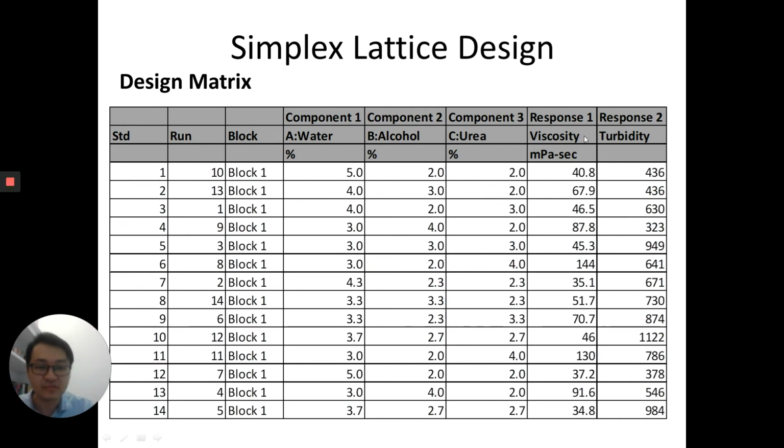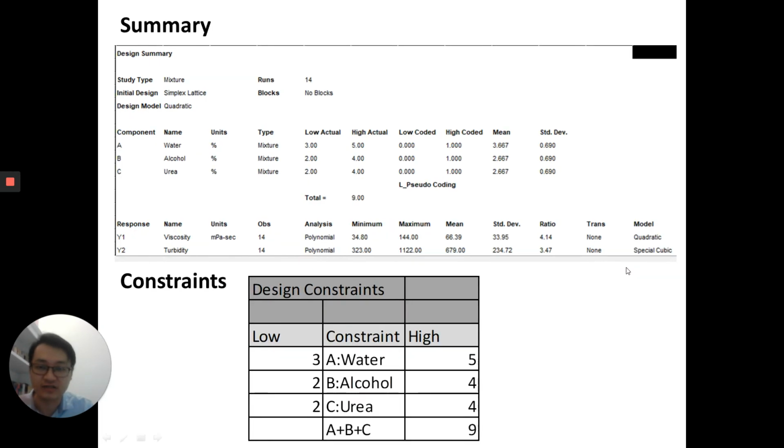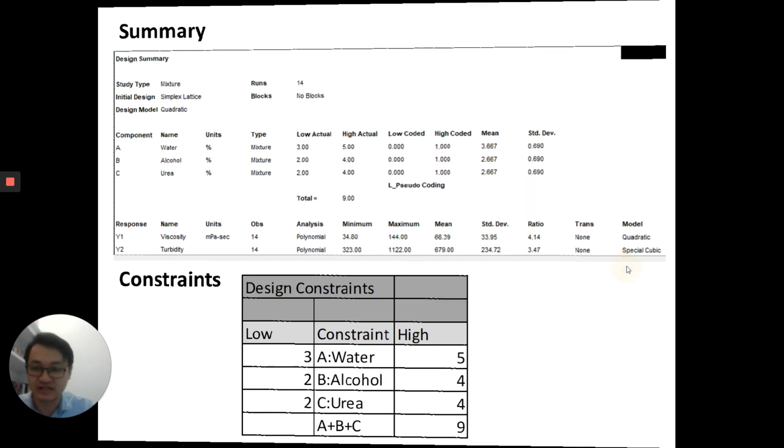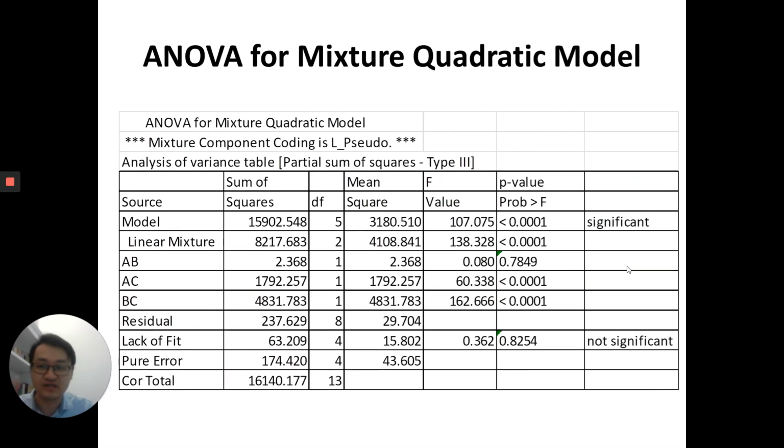Okay, and then you run the experiments, you get all the values, then you can actually look at the summary, the constraints in the design, and you can go for the ANOVA, and it will show you whether the model is significant or not, and whether lack of fit is significant or not.